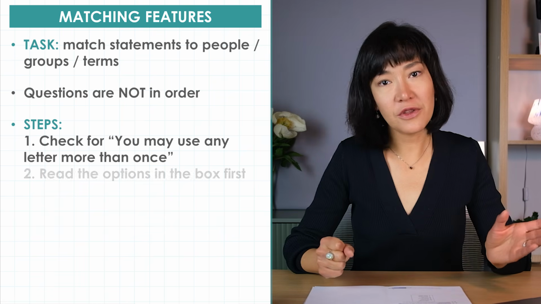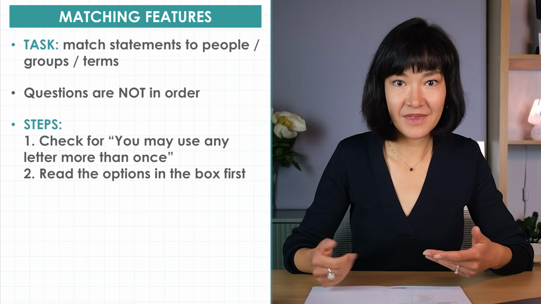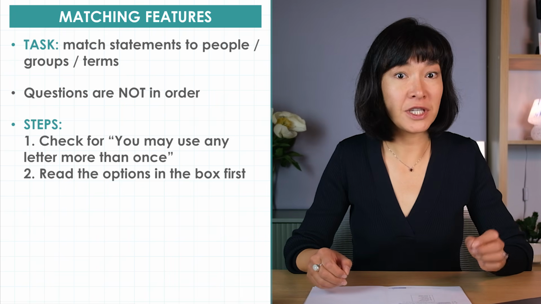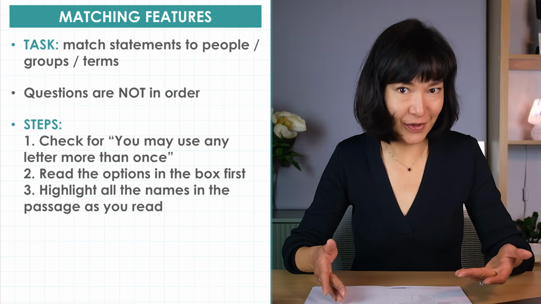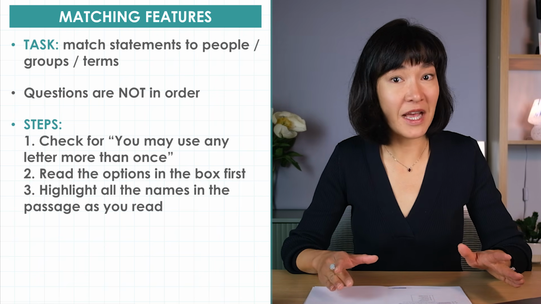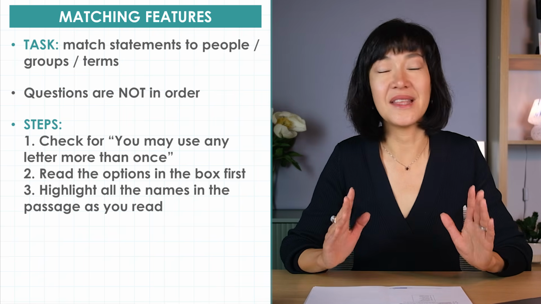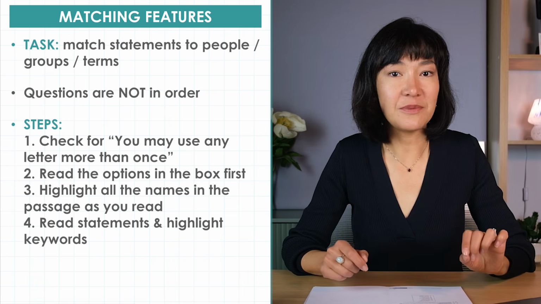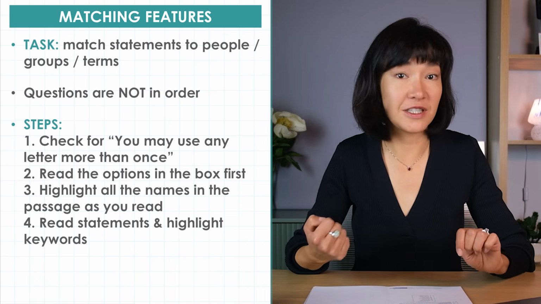Now, look through the options in the box. Get familiar with the names. If you've read the passage first, you should have already highlighted all the names in it, so it would be easier for you now. If you haven't read the passage, you'll be highlighting these names as you go. That's fine too. Now, read all the statements and highlight the keywords to remind yourself what each statement is about.